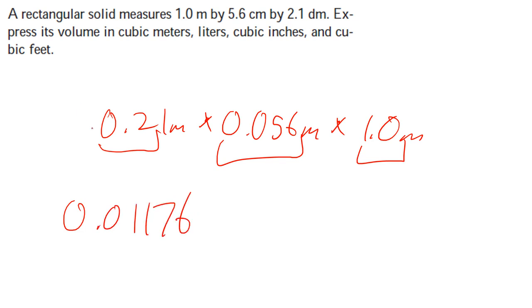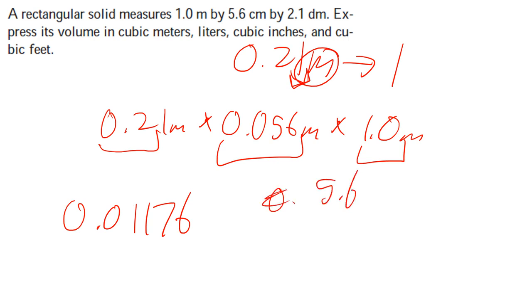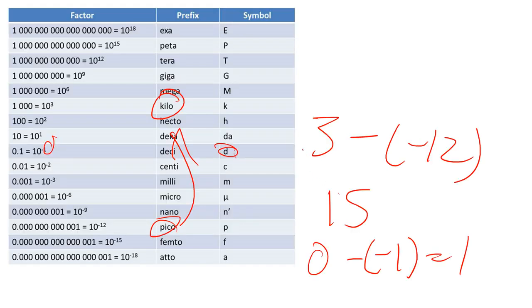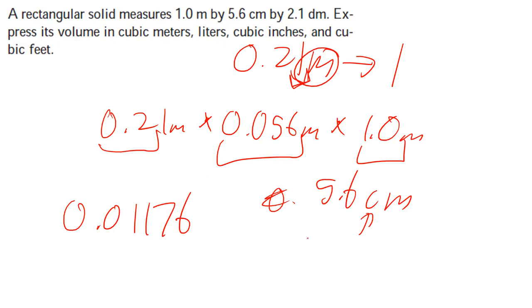Because really, this meters just stands for 1, because there's nothing in front of it. Or for example, if you have 5.6 centimeters, this c over here represents 10 to the negative 2. So it's really saying 5.6 times 10 to the negative 2 meters. That's all it's saying.